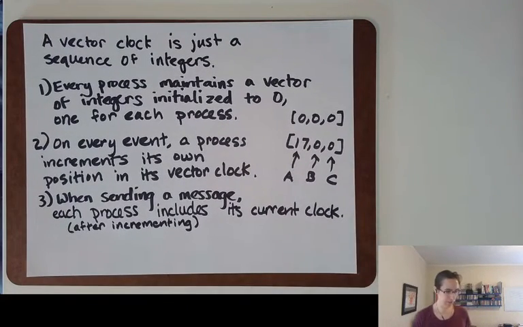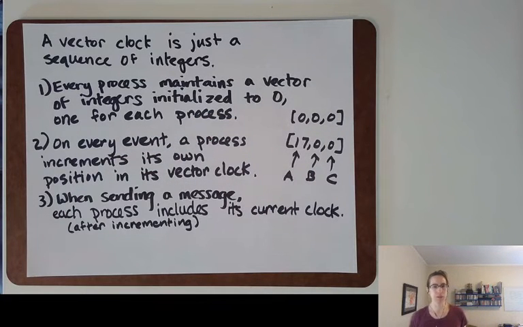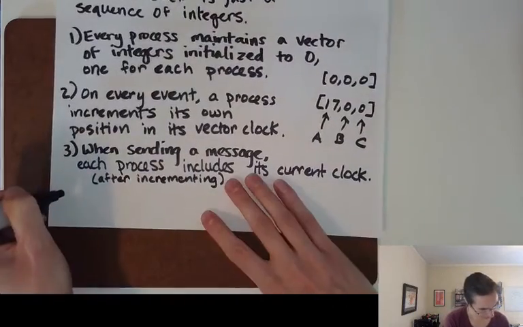If another event happened on Bob right now, say some event internal to Bob, or even if Bob just sent a message to Alice, Alice doesn't know about that yet, so Alice's clock can't increment at that point. We'll see more examples of that soon.